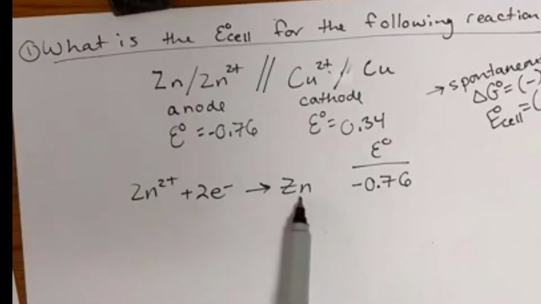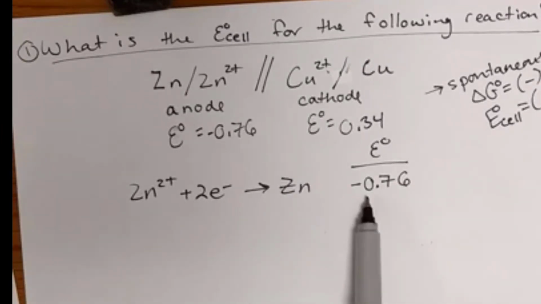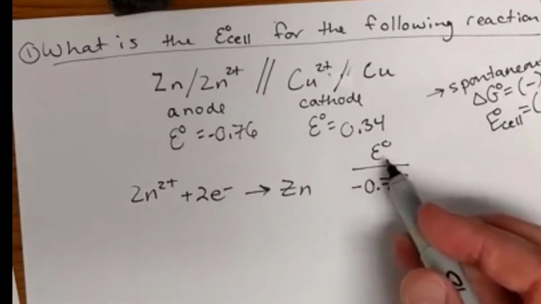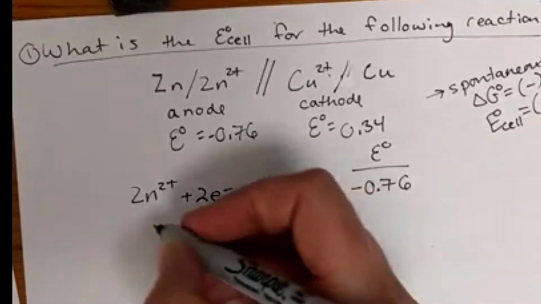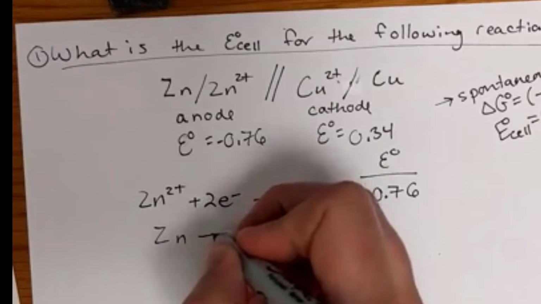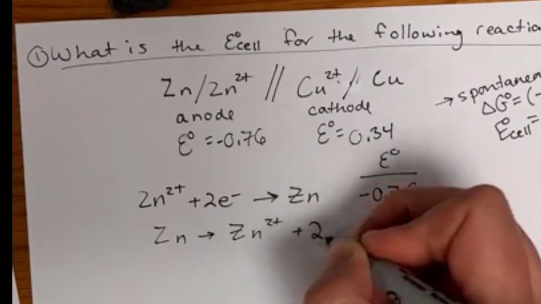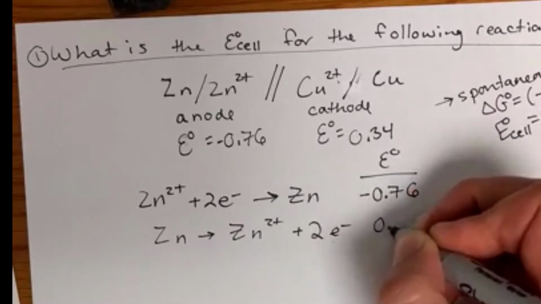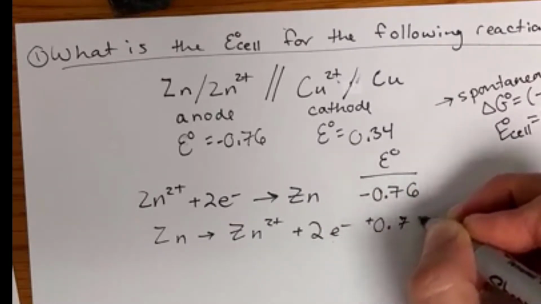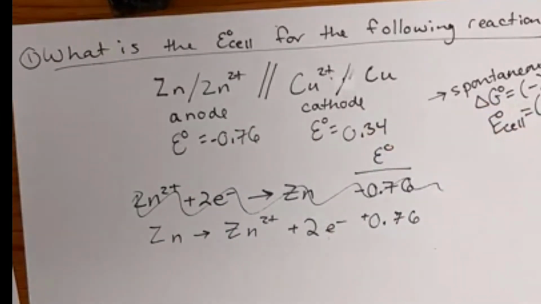And when we flip it, we're also going to change the sign of our standard reduction potential, because now it's not a reduction potential, it's oxidation. So we flip the equation: zinc goes to zinc 2+ plus 2 electrons. Flip the sign, that makes it positive 0.76. And that's the equation we're going to be working with.